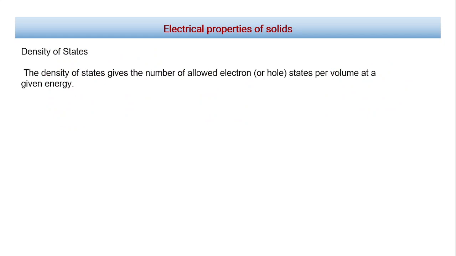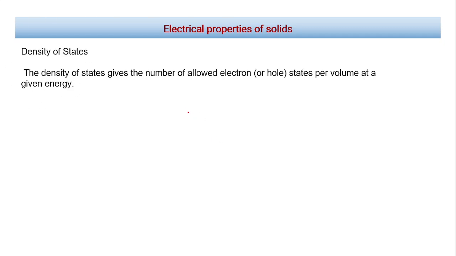The concept of density of states is again very important, but first here we will just focus on what it means. There was a simple derivation done in the lecture this week also. Density of states means the number of allowed states, or allowed electron positions, per volume per unit energy.